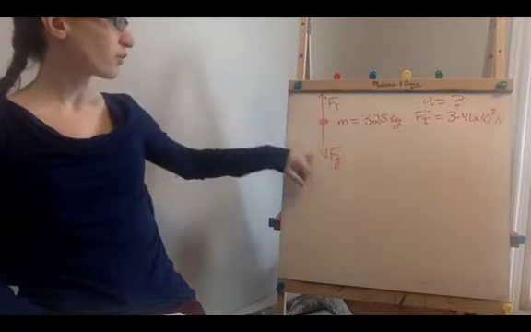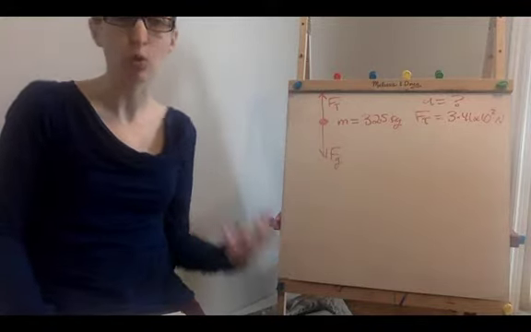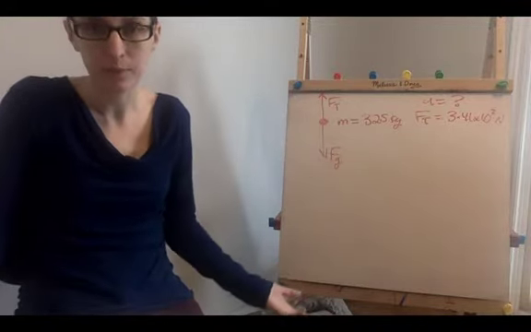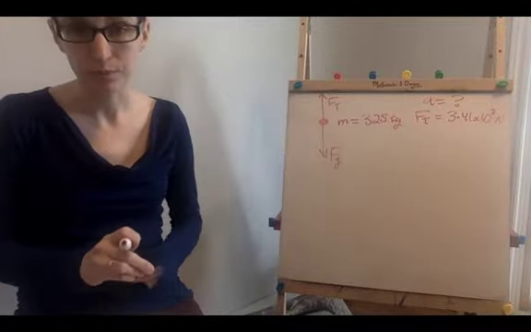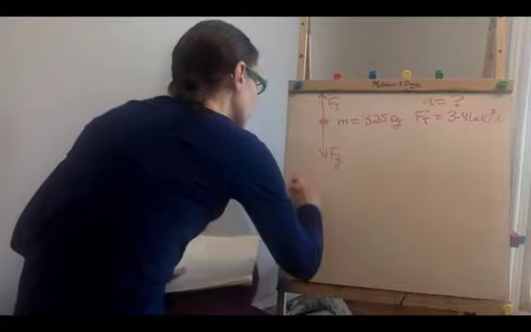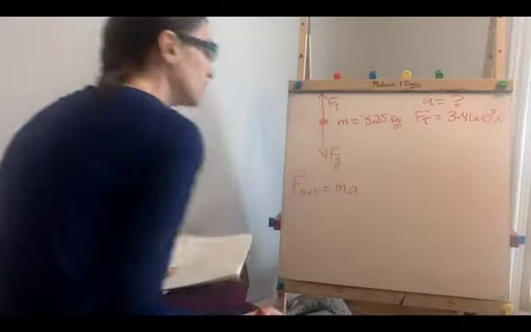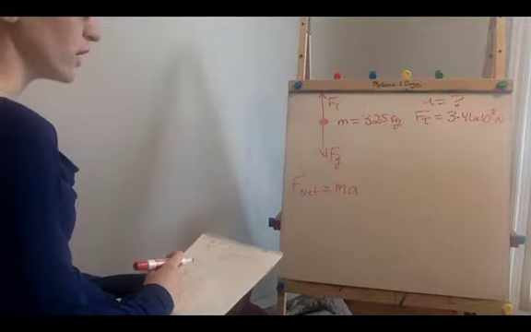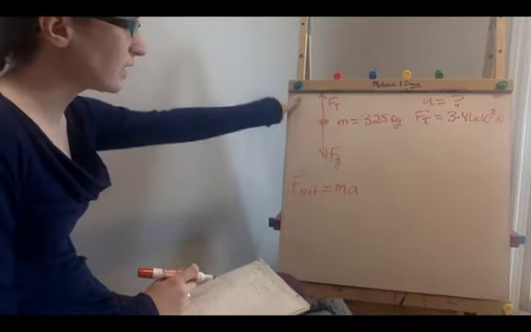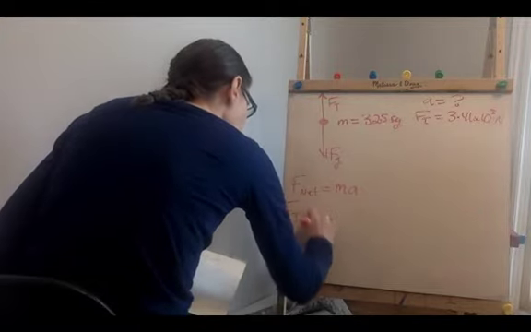Or is the force of gravity larger than that force of tension and our block is actually falling down? Or are they equal and its acceleration is nothing? That's what we're trying to figure out. So remember, our net force is equal to mass times acceleration. The two forces acting on this particular mass are the force of tension and the force of gravity.